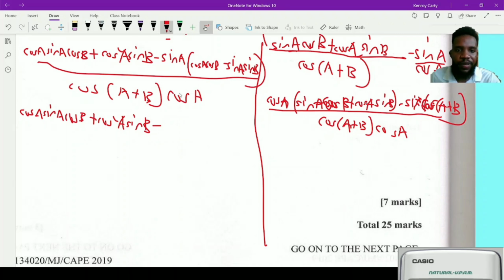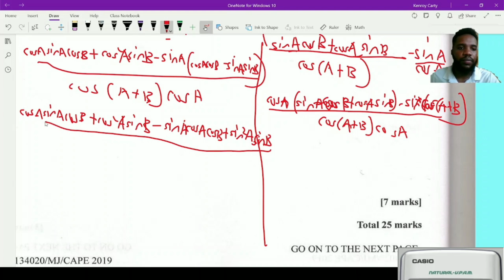Now this sine A is going to multiply this, so I'm going to have minus sine A cos A cos B. And then negative times negative is positive, so I'm going to have plus sine A times sine A, sine squared A sine B, all over the cosine of A plus B times the cosine of A.